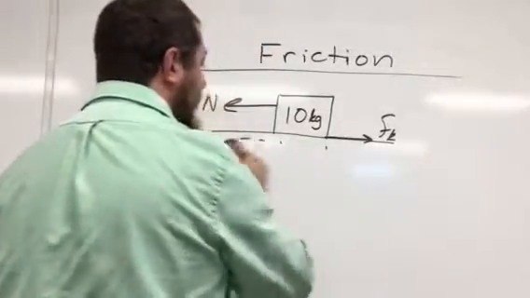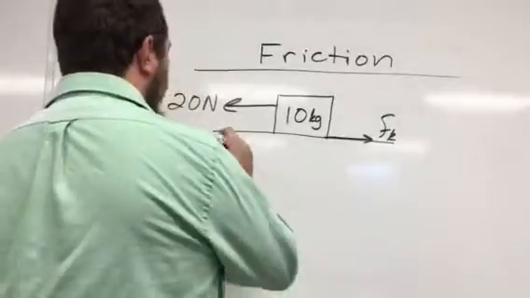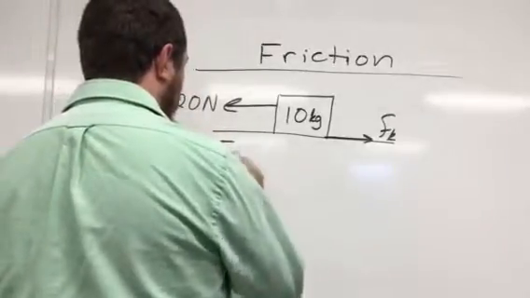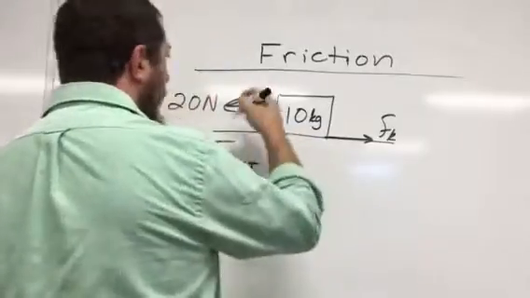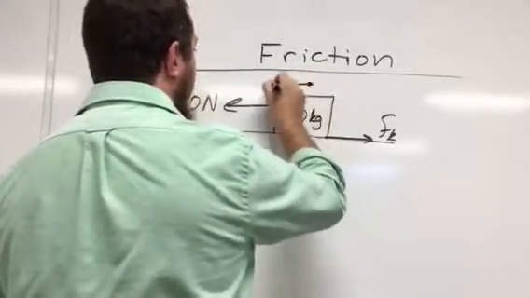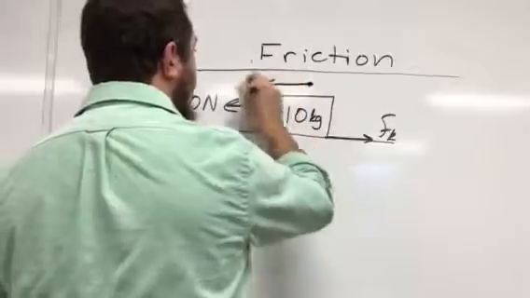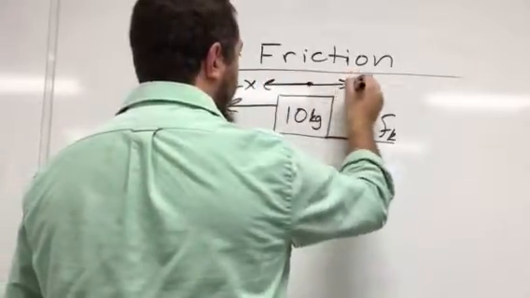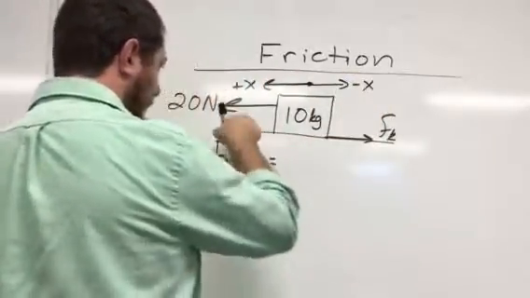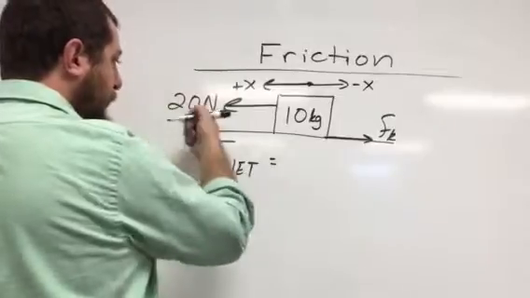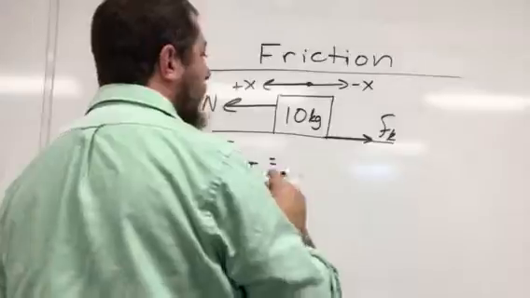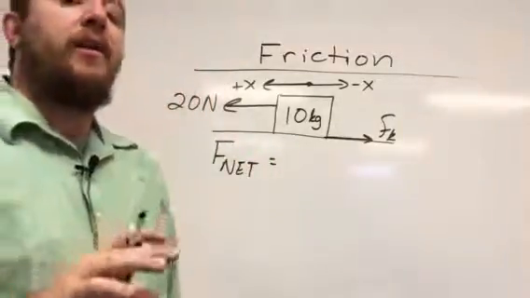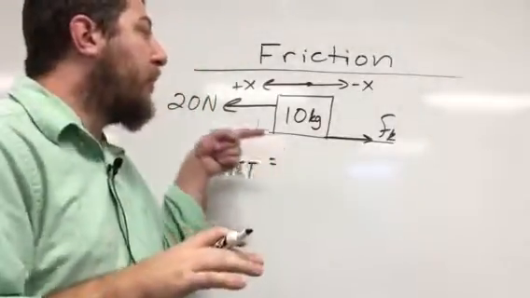So what that means is that F net, I'm going to define this way to be the positive x direction and this way to be the negative x direction. And that'll put the direction that I'm pulling in the positive direction and friction in the negative direction.